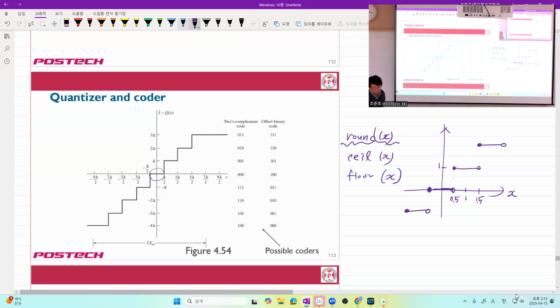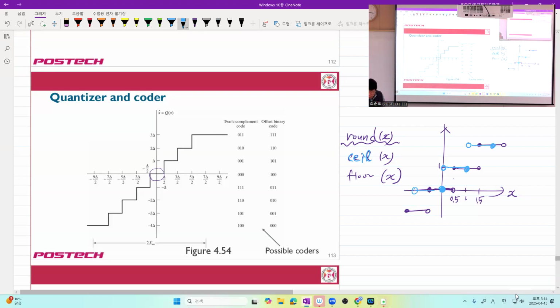What about ceil of x? What is the ceiling? If you have 0, then it's 0, but greater than 0, then suddenly it becomes 1. So this is 0. And what about 1? It's still 1, but suddenly it becomes 2.